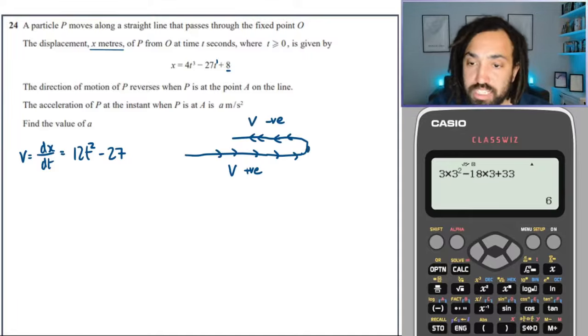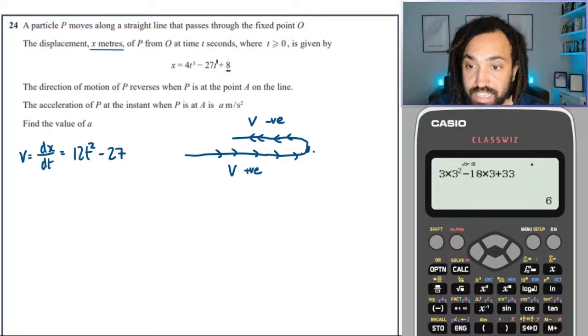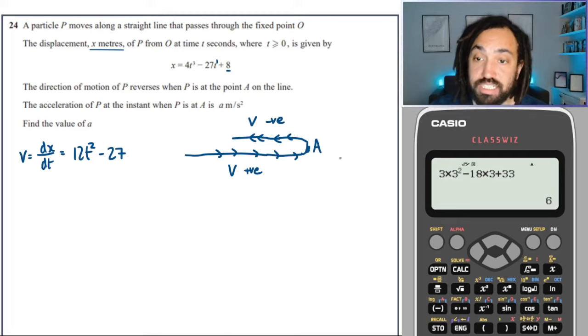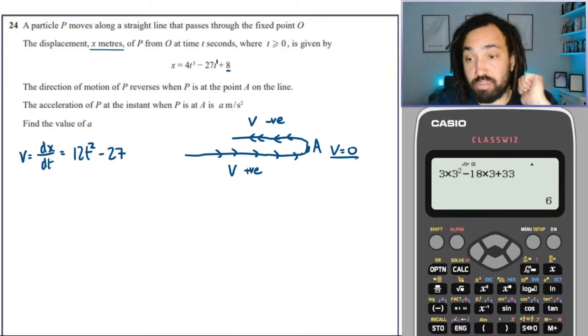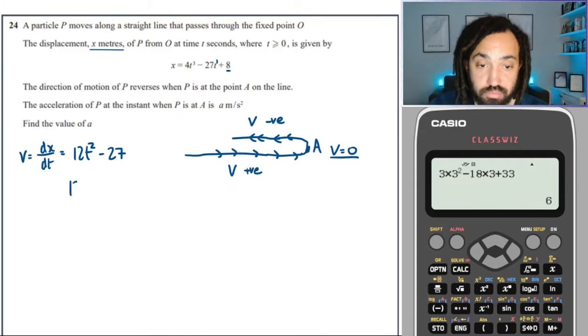So what happens at this point right here, this point A? Well, at that point, the velocity goes from positive to negative. So it means that the velocity must be 0 at that point. It must come to rest before it could start going back the other way. So that's essentially what it's asking you to find. The time when the velocity is 0.